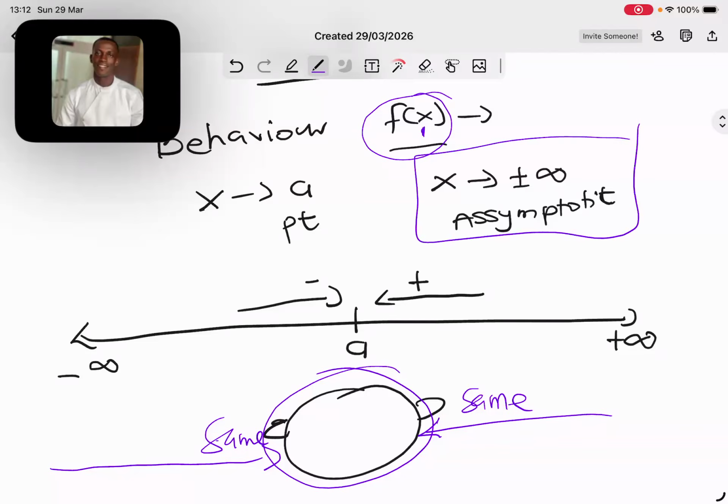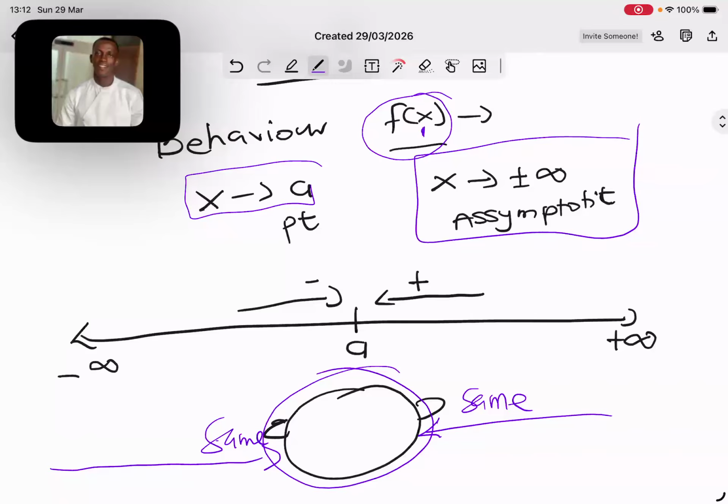But for the time being, we are looking at the limit at a point, meaning that the x we have been having in our function so far is approaching a certain number. The behavior might change. In some cases, the behavior might not change. Now, x can approach this number a in two directions because we are working in 2D, in two directions.